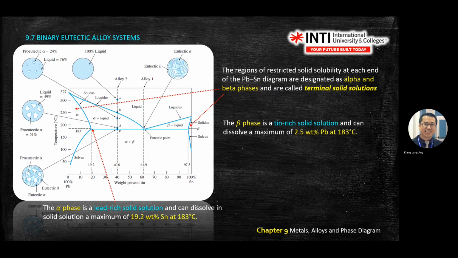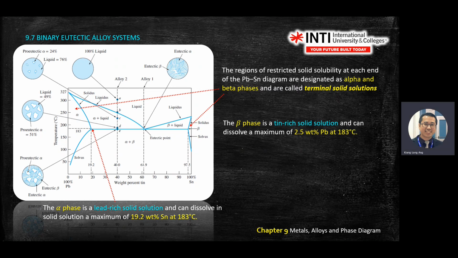Okay, same with the beta phase on the right hand side pocket. Here, if you drop down, you will see 97.5% Sn, and you take 100% minus that, 2.5% of Pb.